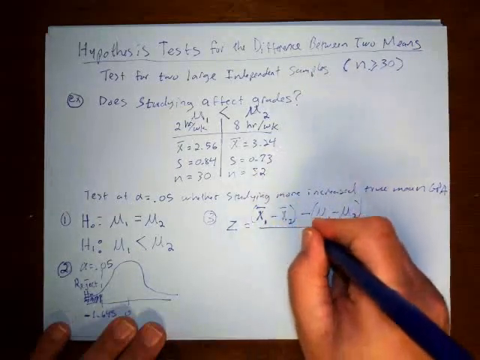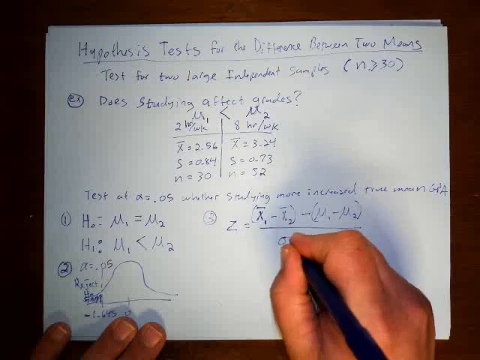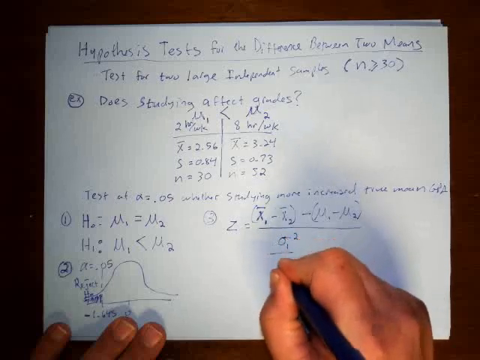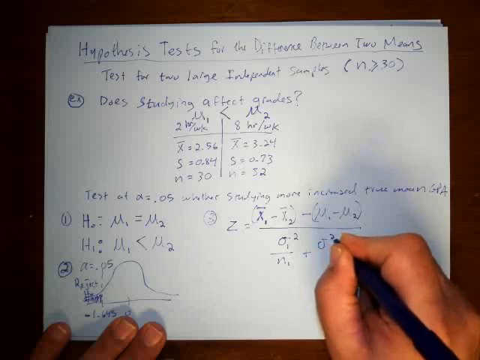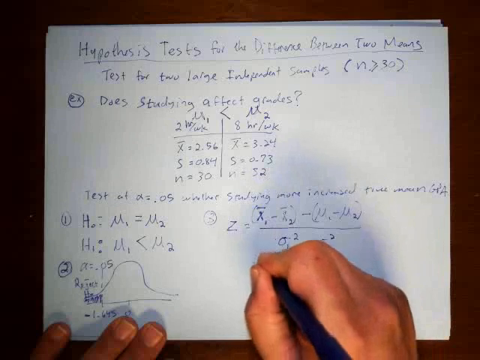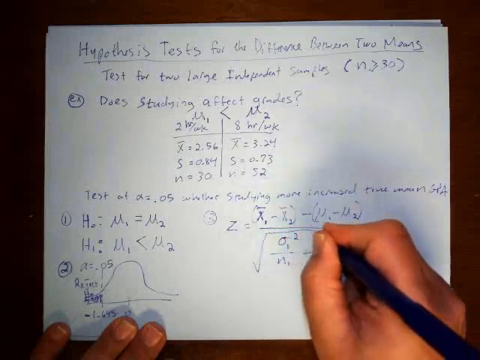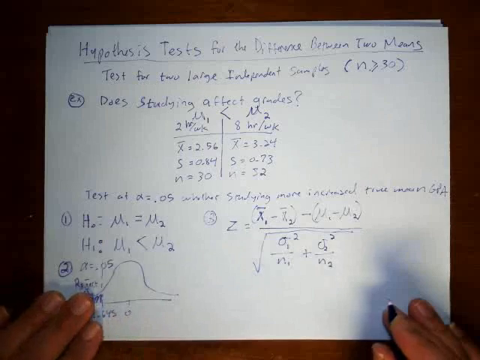Okay? And then this is going to be over sigma sub 1 squared over n sub 1 plus sigma sub 2 squared over n sub 2, and all this will be underneath a radical, like that, underneath the square root sign.